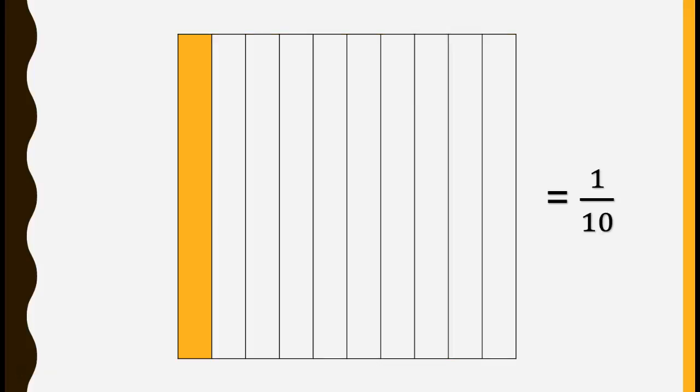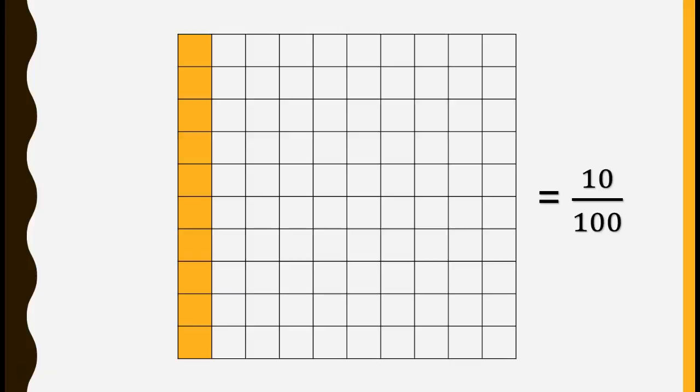So if I just had this 1 part left, and I can see that it's cut into 1, 2, 3, 4, 5, 6, 7, 8, 9, 10 pieces, and I have 1 piece left, I think you would agree that you would write that 1/10, correct? Okay, if I got crazy and I thought I want really, really tiny pieces, and I cut that cracker into 100 pieces, then the number on the bottom is 100, correct?